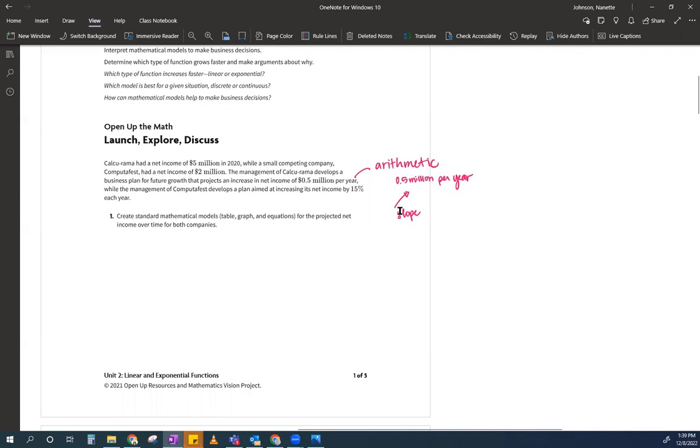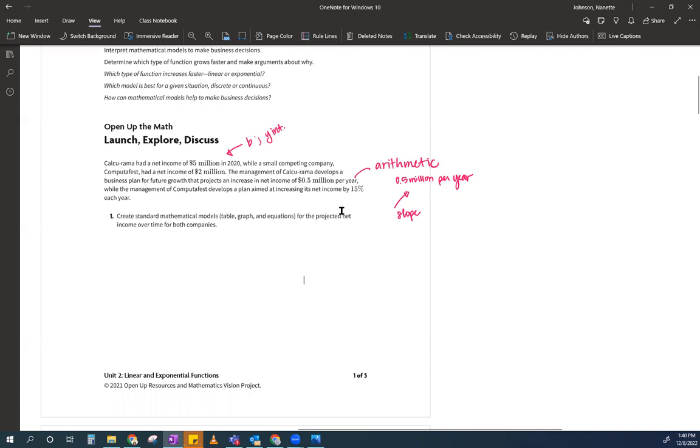What's my y-intercept going to be? So for Calcurama, exactly, 5 million right here. So there's my y-intercept. Okay, very good. So we can build that equation. Calcurama, you're pretty much done. Yay, right?